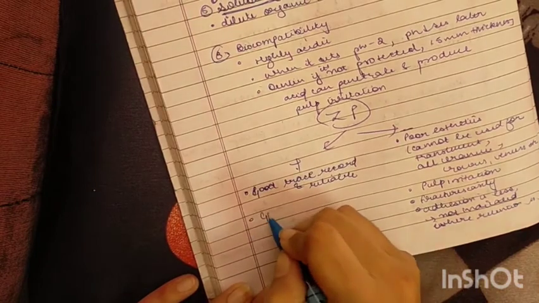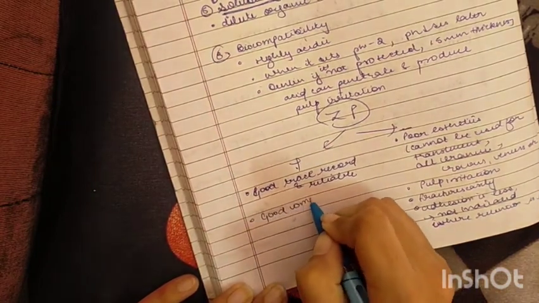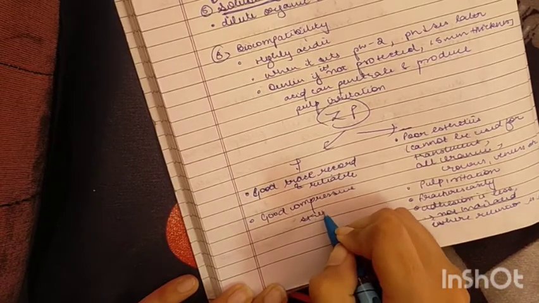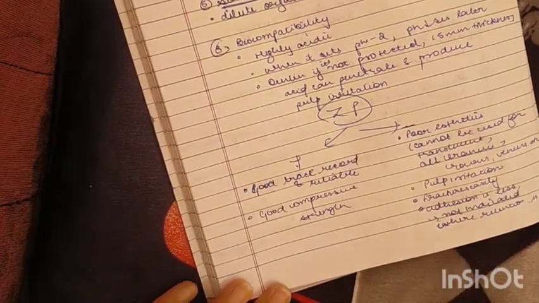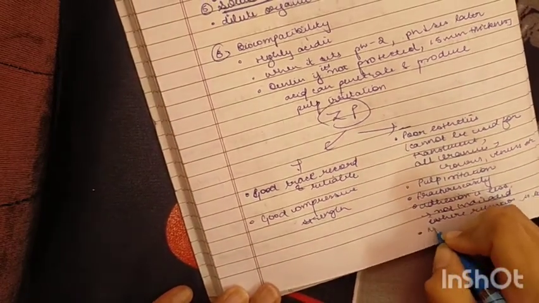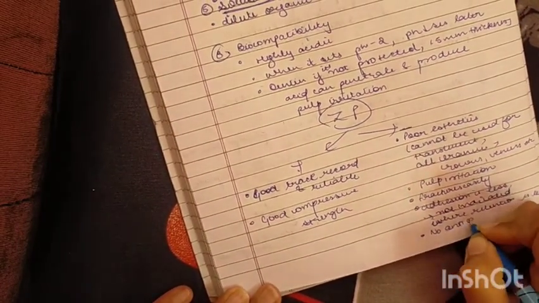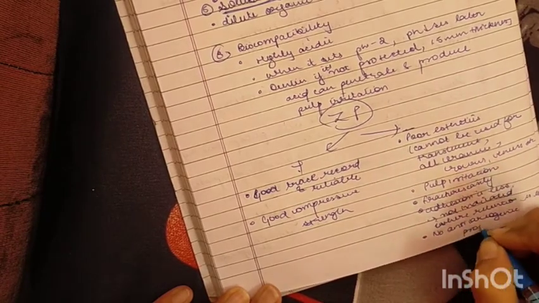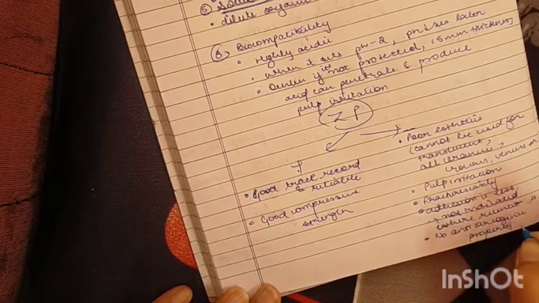Over here it has a good compressive strength, as we mentioned in properties. This is the entire thing. And one more important, it has no anti-cariogenic property. This completes the zinc phosphate.